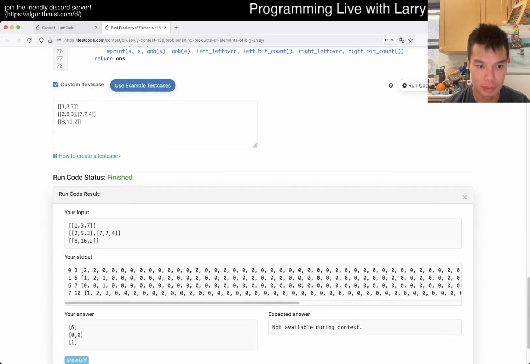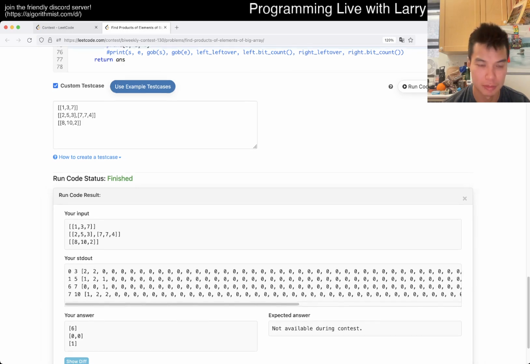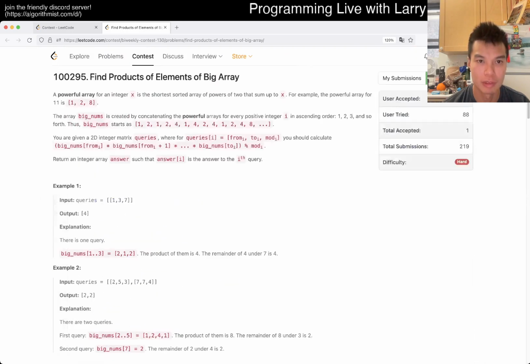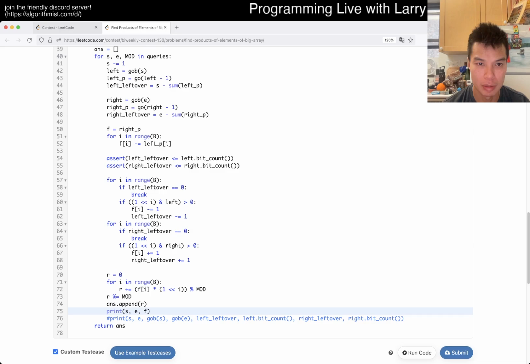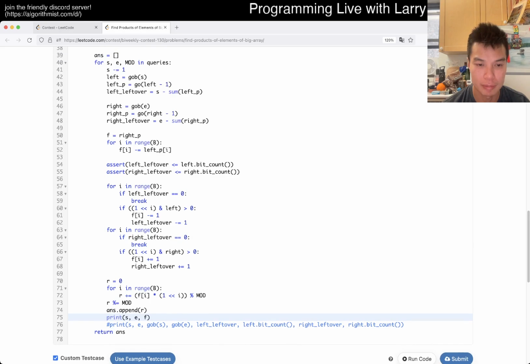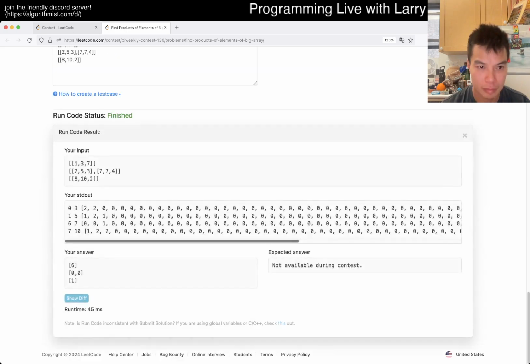Okay, so there's 2. That's definitely wrong. Right is, and left is going to be 0, 0.